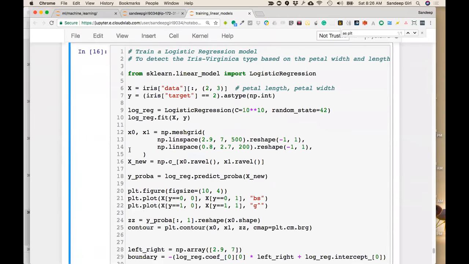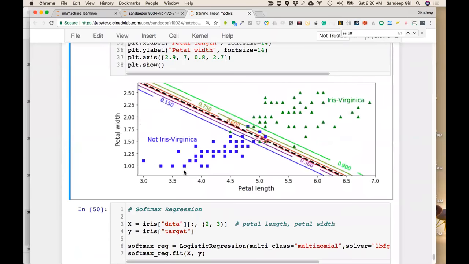Here we have tried to draw it in a very neat fashion. So on the x-axis we have petal length, on the y-axis we have petal width, and what you see are the various data points, or instances.